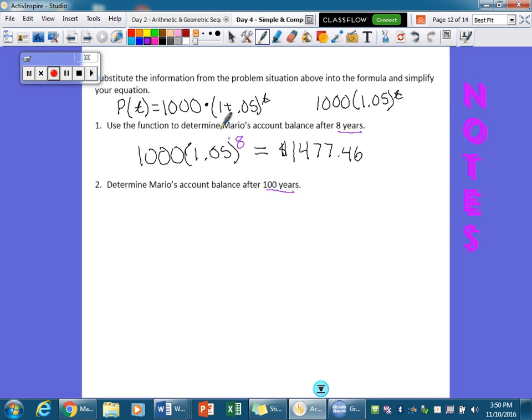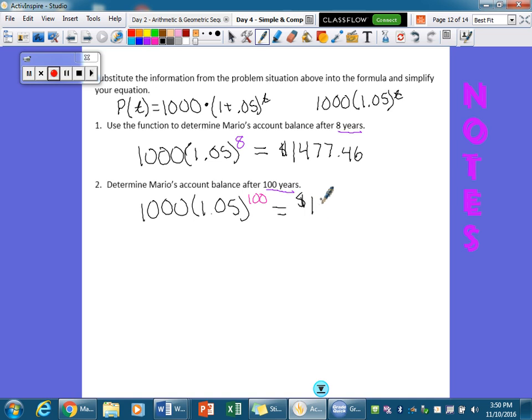So now let's do 100 years. Let's see how high this one gets. So we have $1,000 times 1.05 all to the 100th. And again, just type that in the calculator, round to 2 decimal places because we're dealing with money.